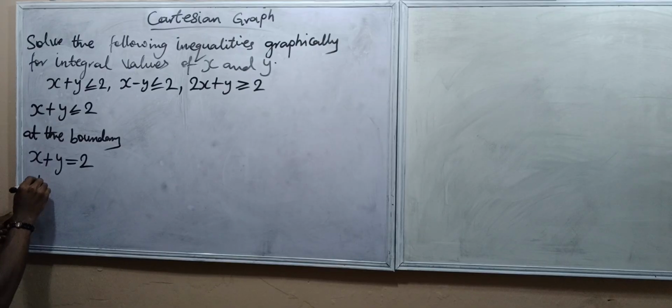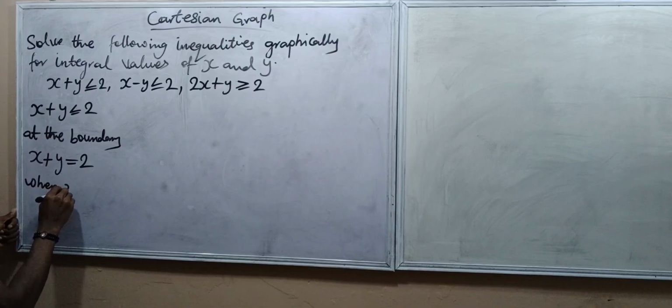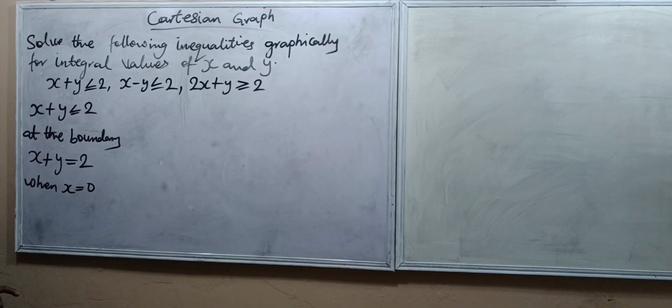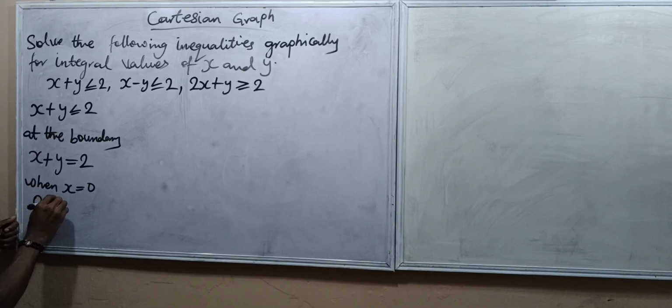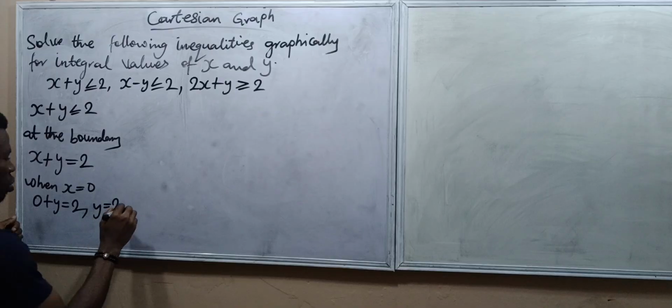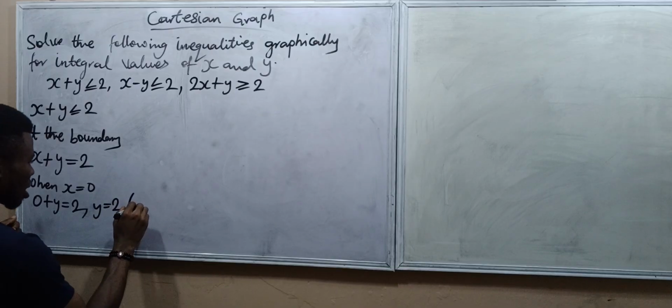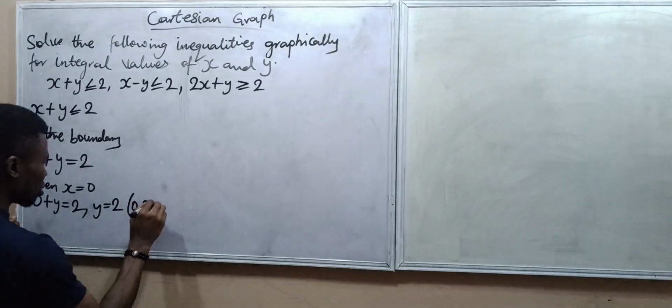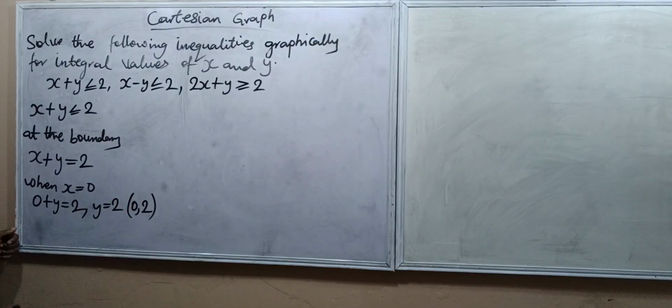When x is equal to 0, you can decide to make y the subject of the formula before you start solving, but you can still go direct. The result will be the same. So when x is equal to 0, we have 0 plus y is equal to 2. That means y will be equal to 2. So we have 0 and 2.